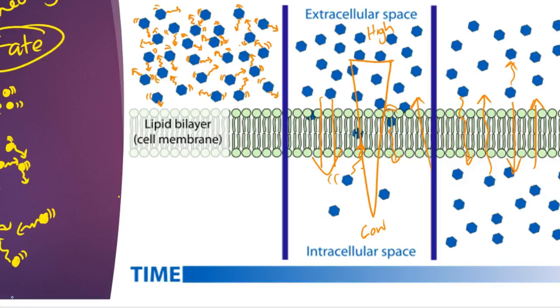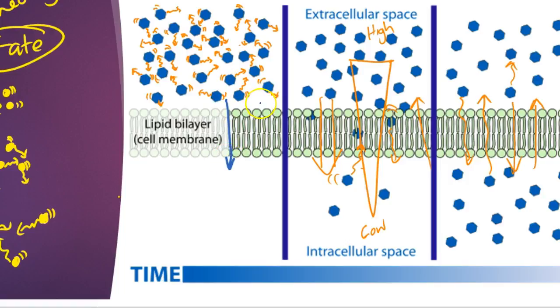Now, this process works for, remember, simple and facilitated diffusion. Simple means that small non-polar molecules can literally just slip through the membrane like this, because they do not have any repulsion from that hydrophobic area in there. They slip between the molecules.